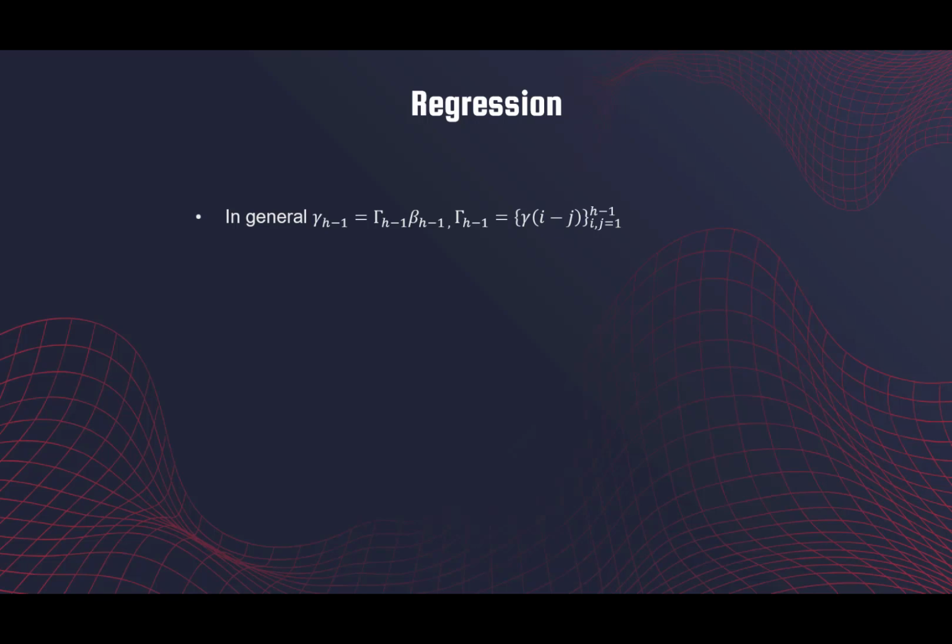Say I want the element in the first row, second column. So i will be 1 and j will be 2. So the element in the first row and the second column will be gamma 1 minus 2. This is a very convenient way of writing that entire big matrix. Make sure you open this out and that this notation makes sense to you. So if this gamma matrix is invertible, then it's easy. We know what all the betas are.